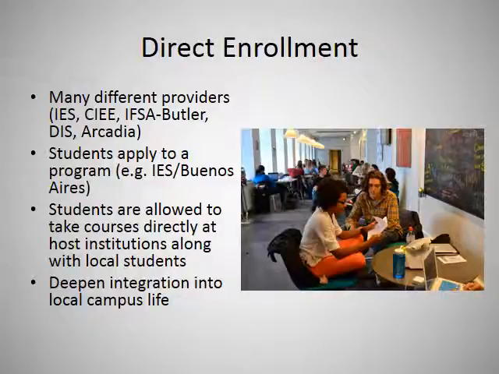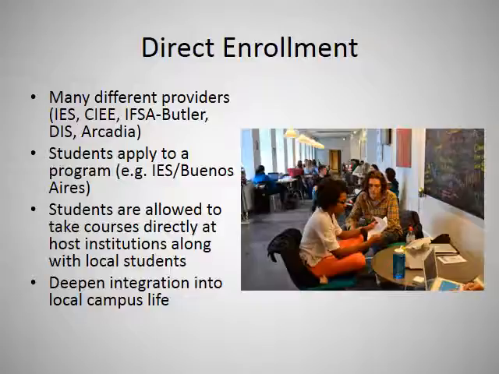A final model of study abroad is direct enrollment. We have a number of providers, IES, CIEE, IFSA, Butler, DIS, and Arcadia, with which we are affiliated, that have a number of direct enrollment possibilities. Under this kind of model, students would apply directly to one of these providers, for example, the IES Buenos Aires program.